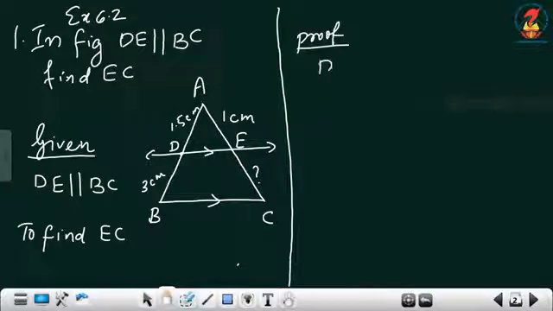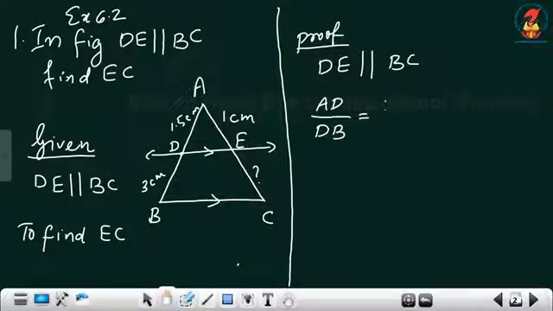It is given that DE is parallel to BC. If DE is parallel to BC, AD by DB is equal to AE by EC using BPT. Then substitute the values here.